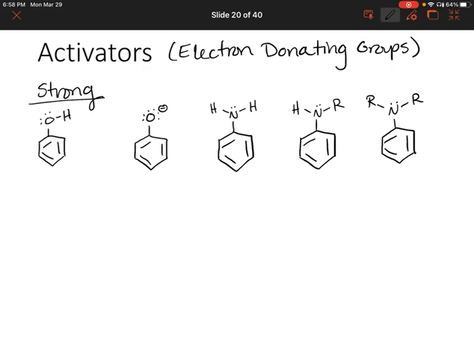So notice that the one thing all of these have in common, they all have a lone pair that they can create a resonance structure with. And in that resonance structure, we're actually going to move electrons into the ring. So let's write that down.